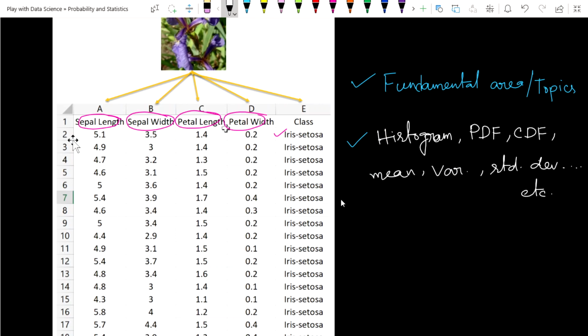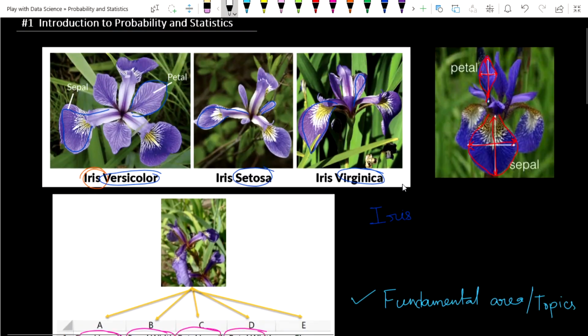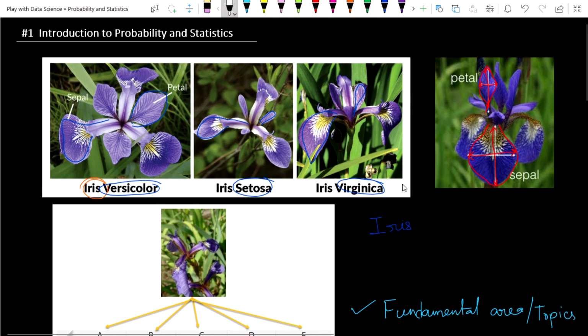Now we will use these concepts to understand machine learning and how these things are useful in machine learning. Now the question is, sir, what is probability and why is it actually important in machine learning?